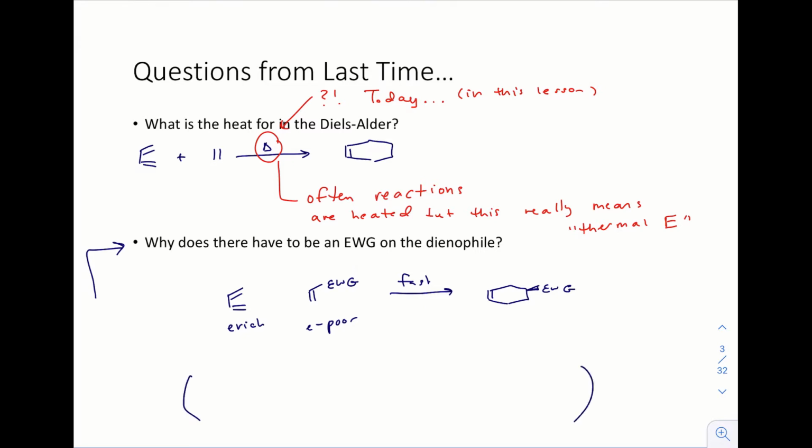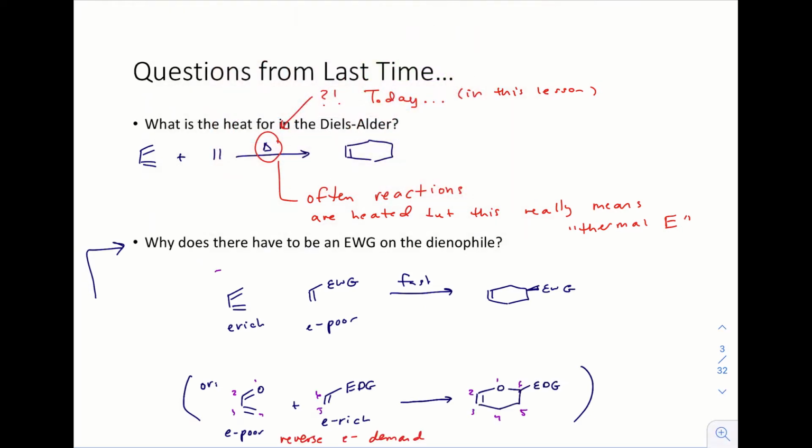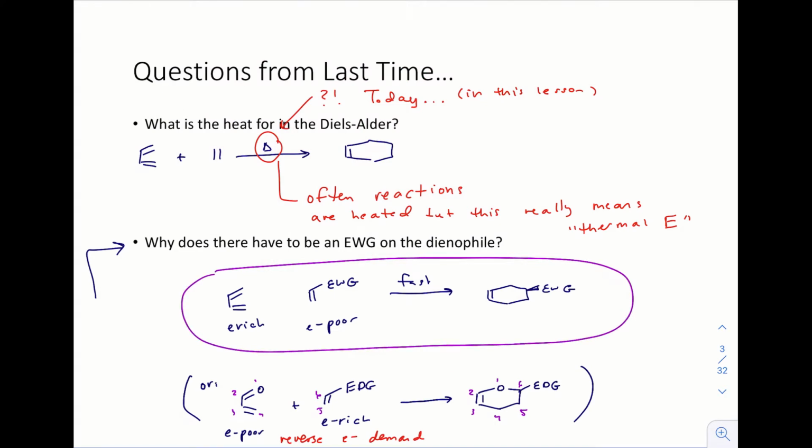Of course, we did see one example in the previous lesson that perhaps the diene is the electron-poor component, and then the dienophile should be electron-rich. But this is the less common variant of the Diels-Alder reaction. This was called reverse electron demand. But for the prototypical Diels-Alder reaction, yes, an electron withdrawing group is required on the dienophile for a fast reaction. As far as why, we will discuss that today.